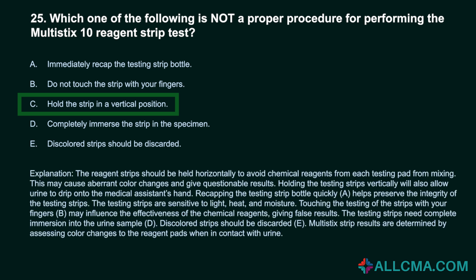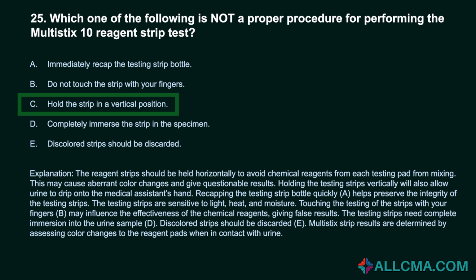The reagent strips should be held horizontally to avoid chemical reagents from each testing pad from mixing. This may cause aberrant color changes and give questionable results. Holding the testing strips vertically will also allow urine to drip onto the medical assistant's hand. Recapping the testing strip bottle quickly, A, helps preserve the integrity of the testing strips. The testing strips are sensitive to light, heat, and moisture.